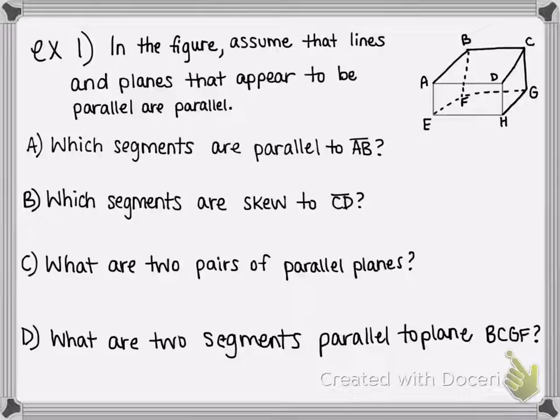For letter A, which segments are parallel to AB? First, we need to identify AB, which is right here. We want to know which segments could be parallel to that. If we look on the back plane, we could have EF. If we look at the top part, we could have DC.